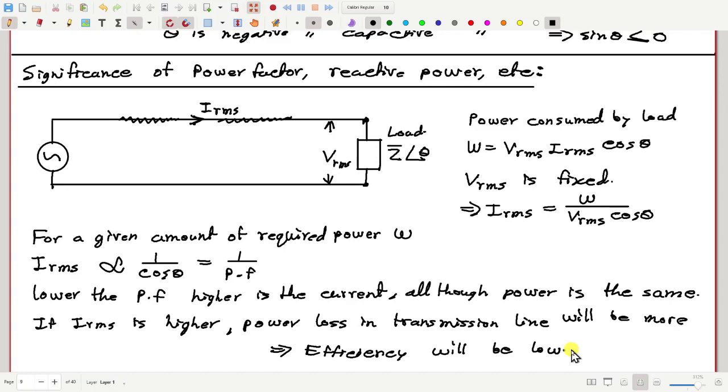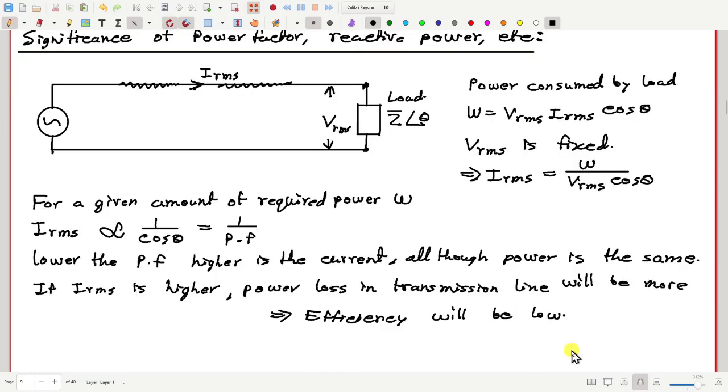Okay, so you may ask, why does the power factor matter? If I am consuming a certain amount of power, I should pay my electricity bill based only on the consumed amount of power and not on the amount of current that I am drawing.